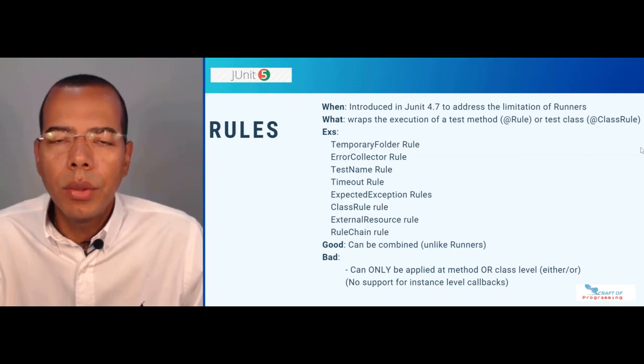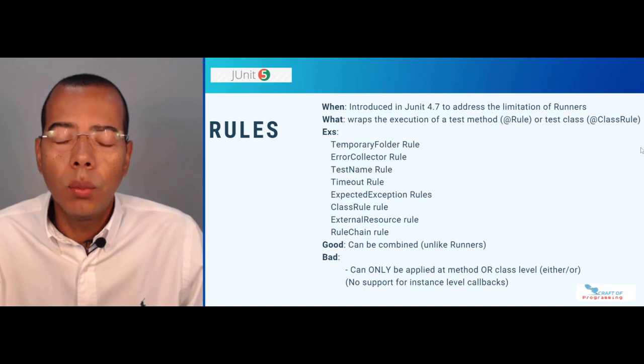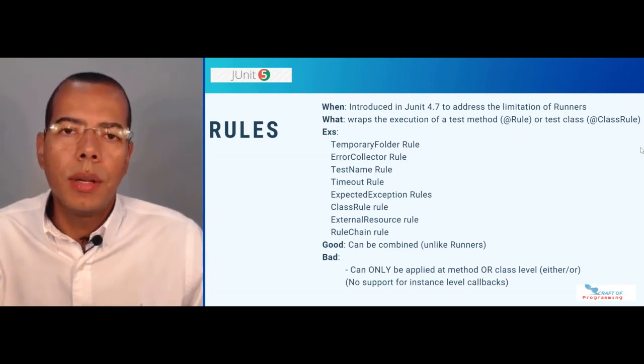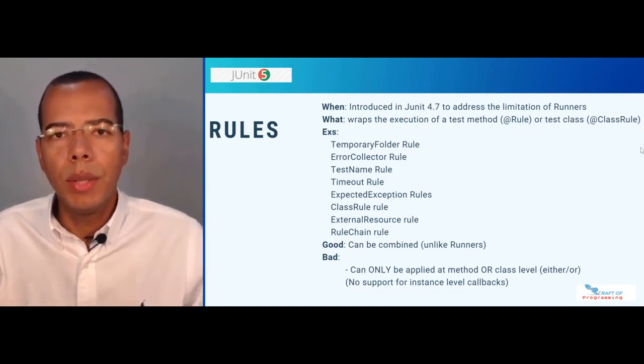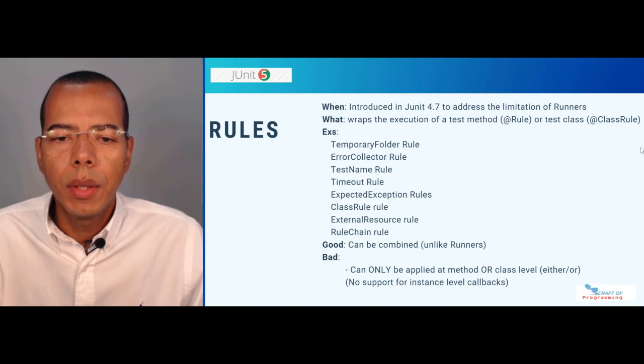And then I think JUnit 4.7 introduced rules as a way to address the shortcomings of the runners mechanism. So rules are basically a really nice way to customize and extend the behavior of a test.